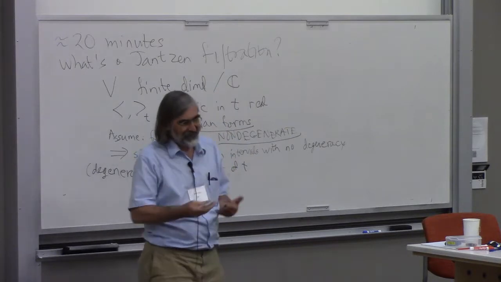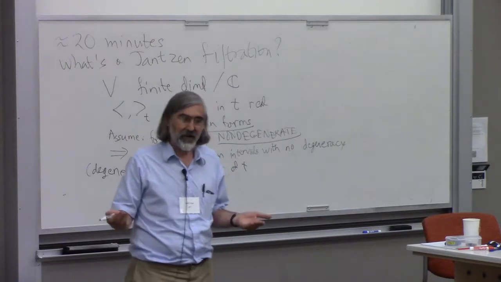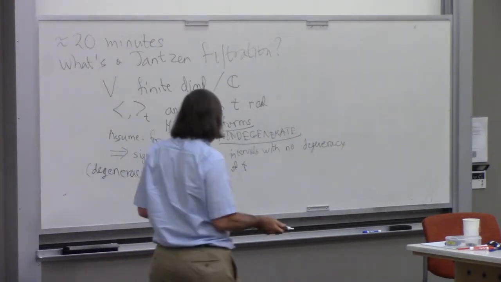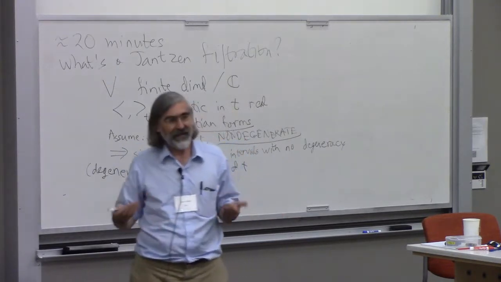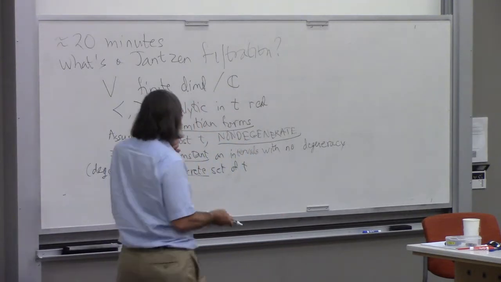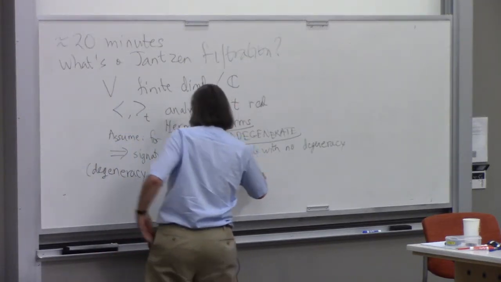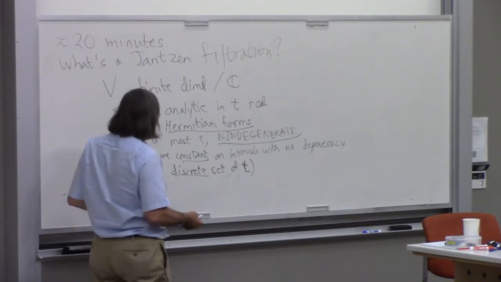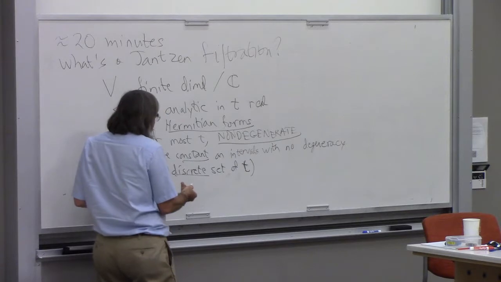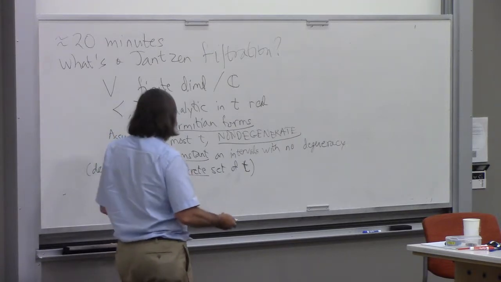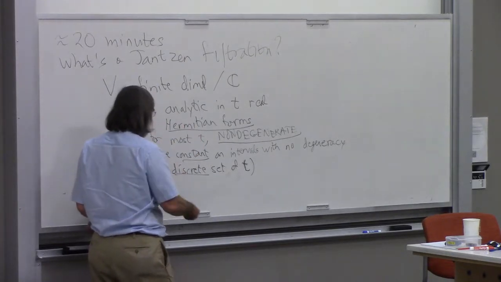I mean, degeneracy has to do with vanishing of some determinant if you choose coordinates appropriately, and things are set up so that the determinant is an analytic function of T. And so the zeros are going to be at some discrete set, and the question is, how does the signature change at this bad discrete set?